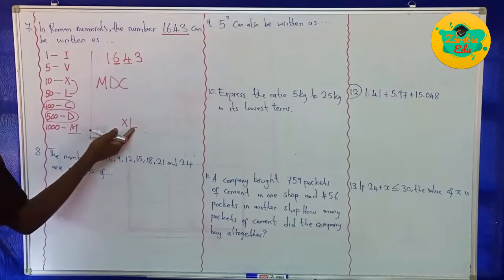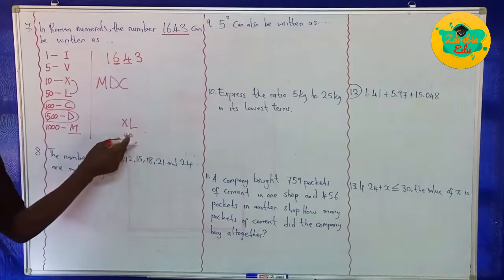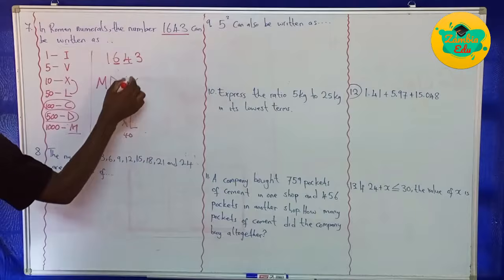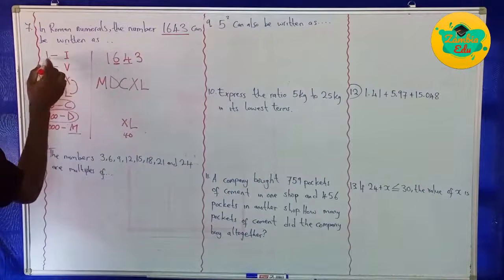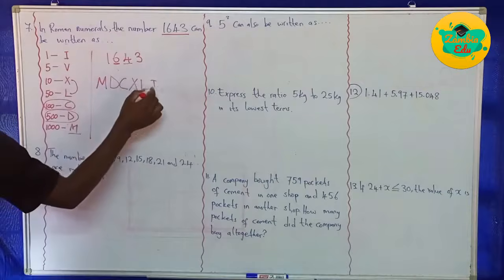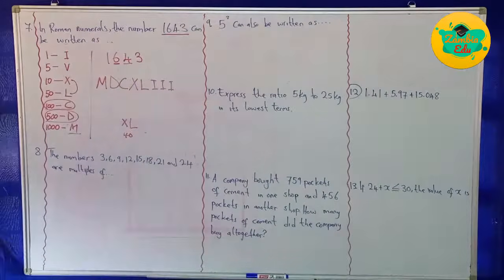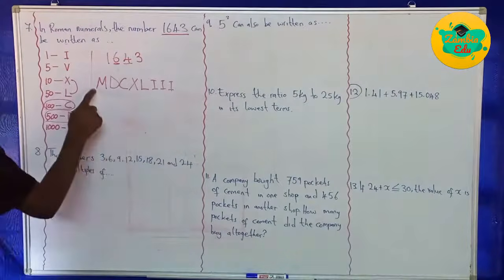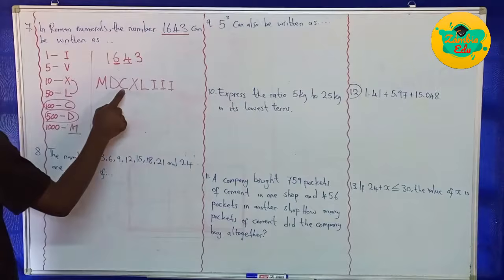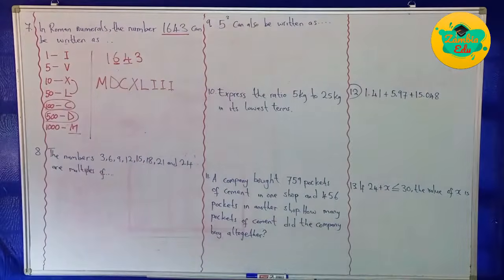So this is 50 take away 10, which makes it 40. So our 40 there shall be indicated as XL, and then we need a 3. So we have 1 there, so we can just do 3 of them. 1, 2, 3. So this Roman numeral which we have now is 1643 in that particular way.